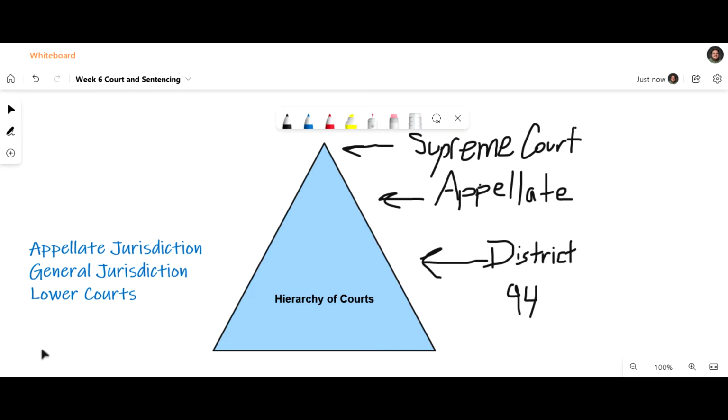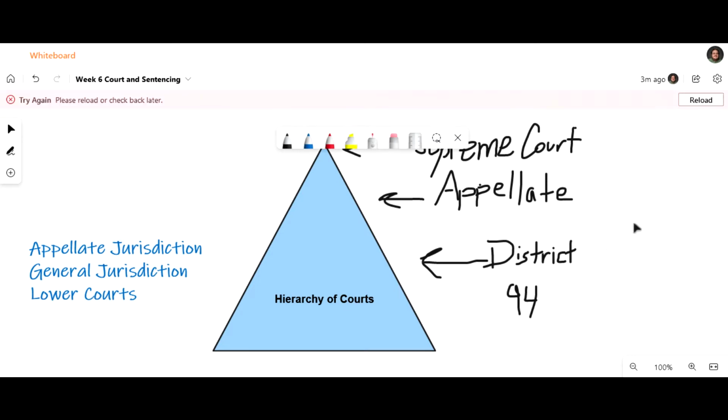These are more informal courts. These are things that might not even have a defense attorney. The lower courts range. This is also where we have those specific courts like juvenile court, family court, things like that. They're all part of the lower courts. Again, this is stuff we've already talked about.